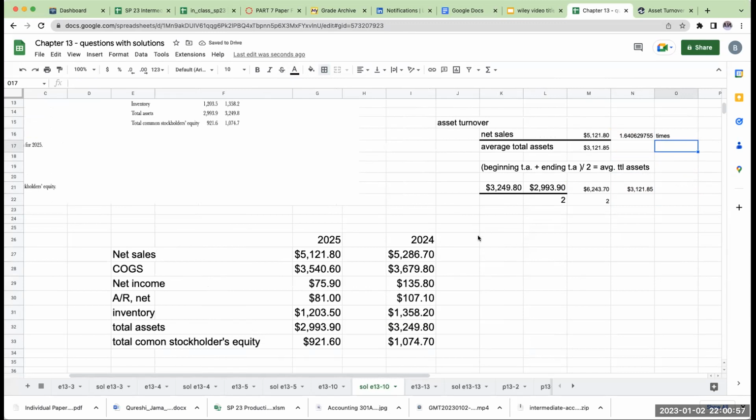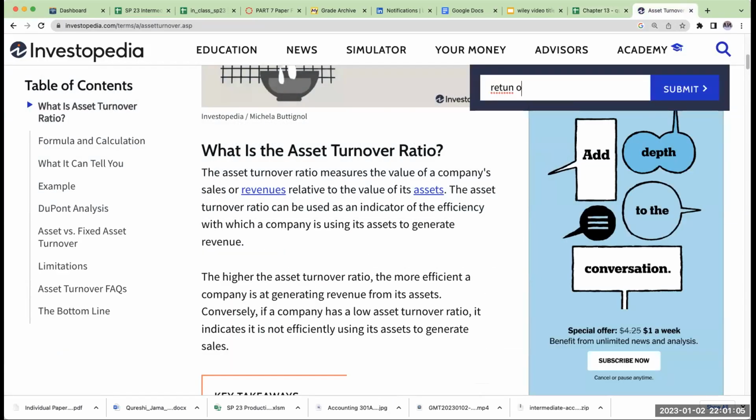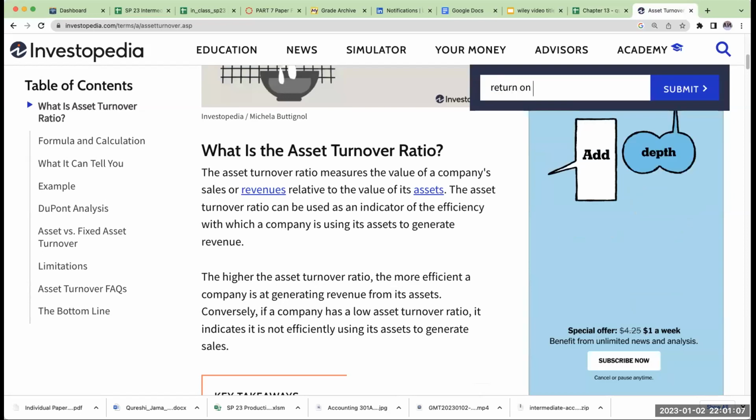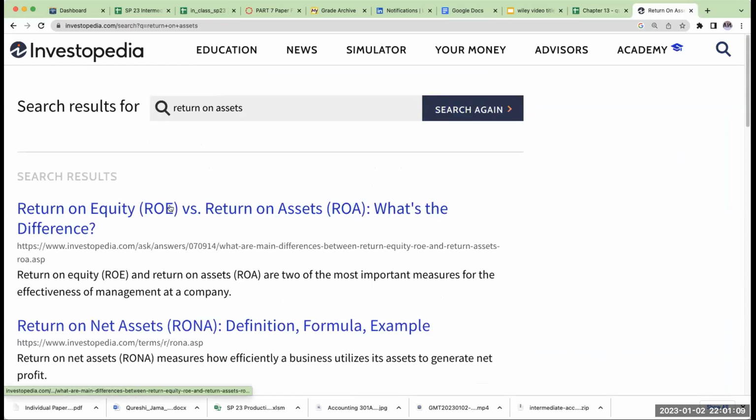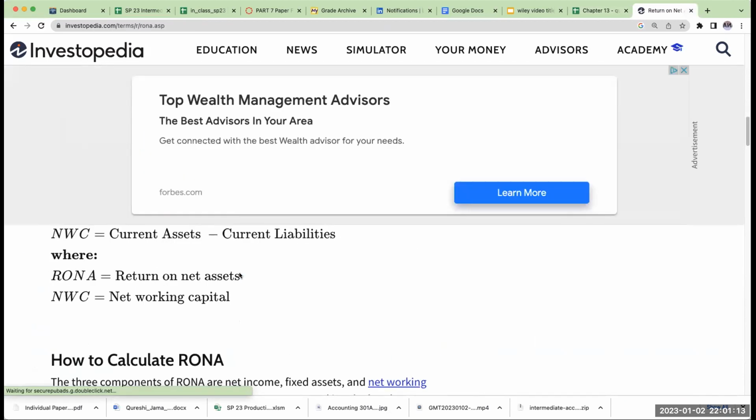Okay, so my next one over here is asking me to do a return on assets. Okay, so let's look up return on assets. Let's see if this is the right one they're using.